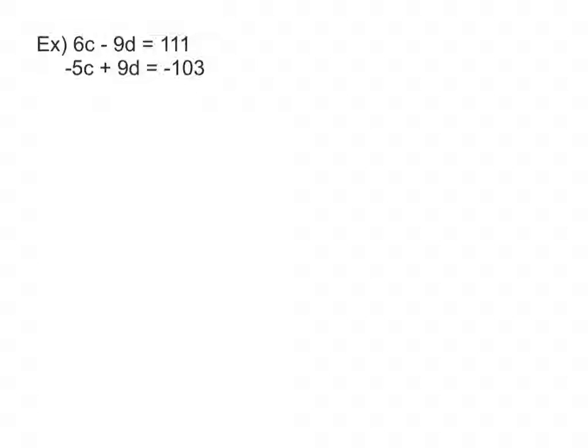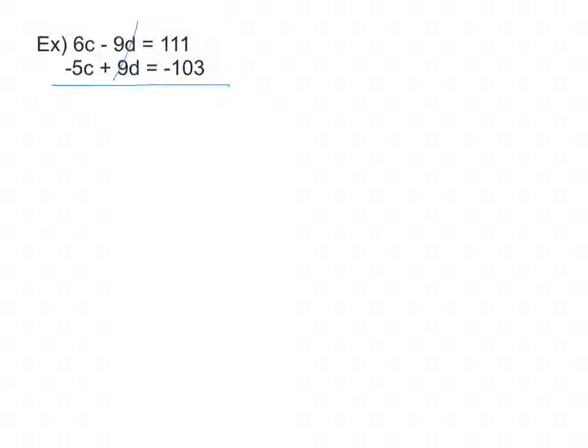Here's another example. With this one, notice 9d, our d's are opposite, so negative 9d and positive 9d. So when I add straight down, again my d's will go away.